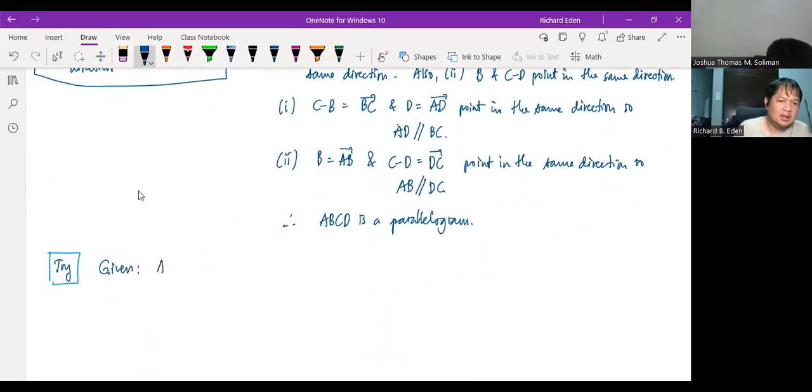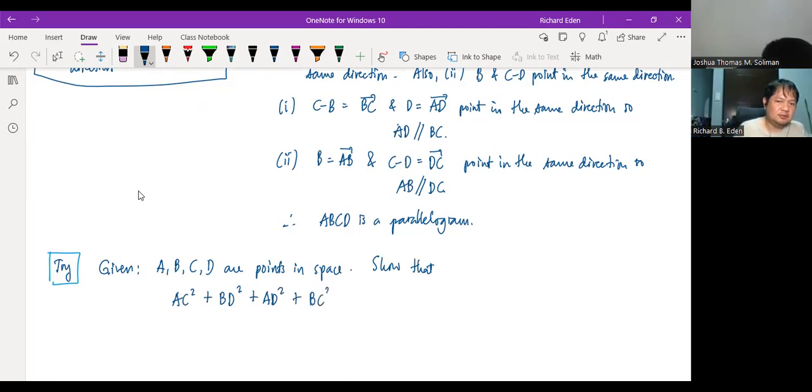Given A, B, C, D are points in space. They don't even have to be coplanar. Show that AC squared plus BD squared plus AD squared plus BC squared is greater than or equal to AB squared plus CD squared.